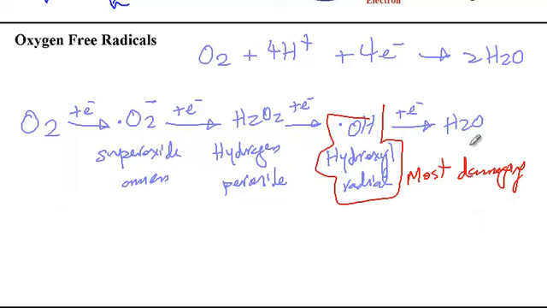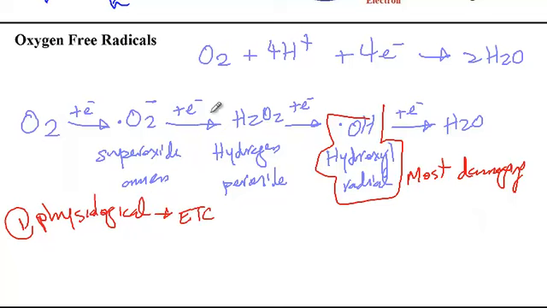So one mechanism of forming all these reactive oxygen species is physiologically through our electron transport chain, because as NADH and FADH2 transfer electrons to the oxygen, these reactive oxygen species will be formed. But there could also be pathologic formation of these oxygen-free radicals.